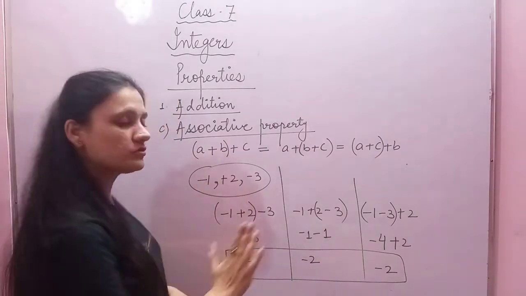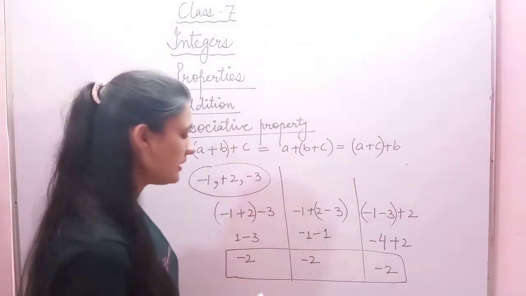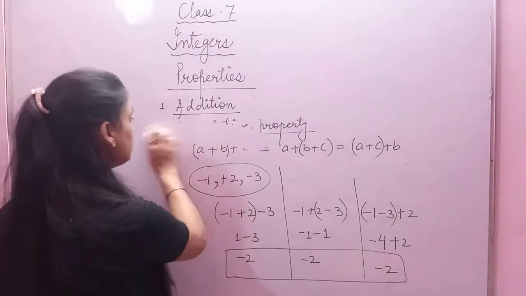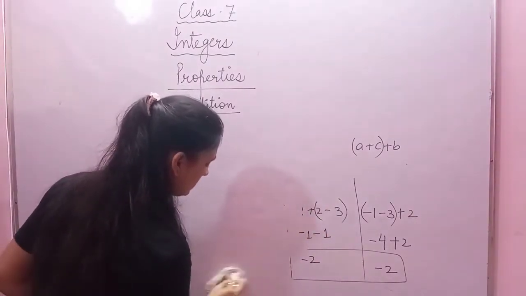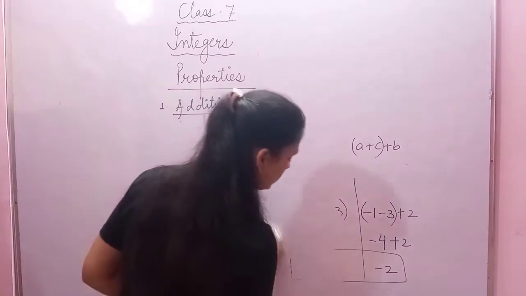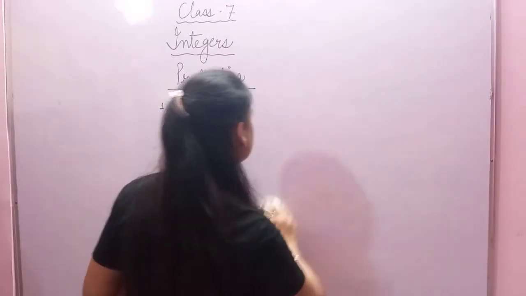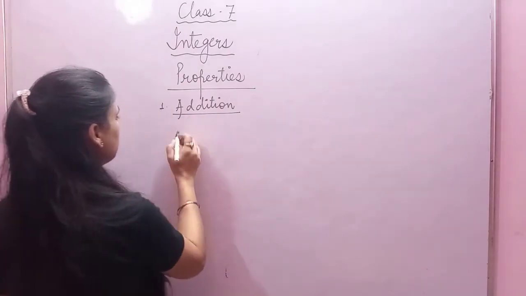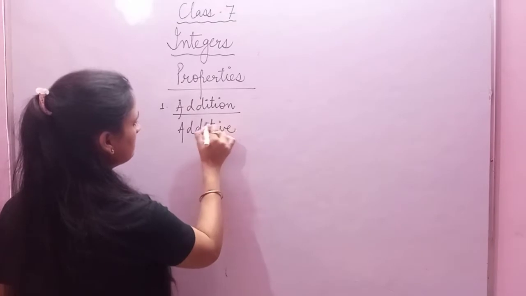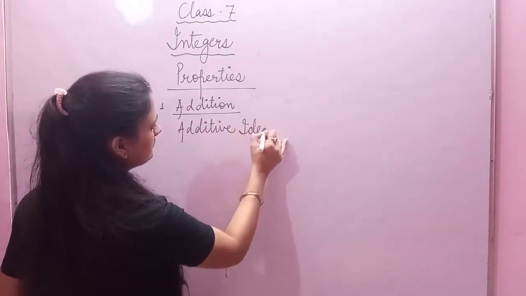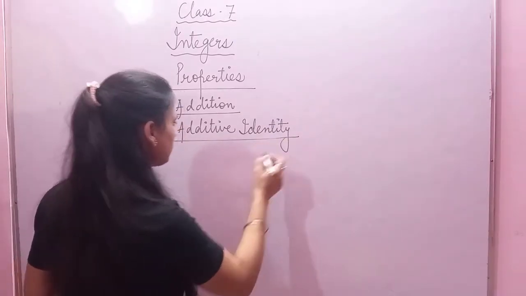I hope you understood closure, commutative and associative property. Let us move ahead with another property of addition, that is additive identity. What does additive identity mean? How to remember this thing?